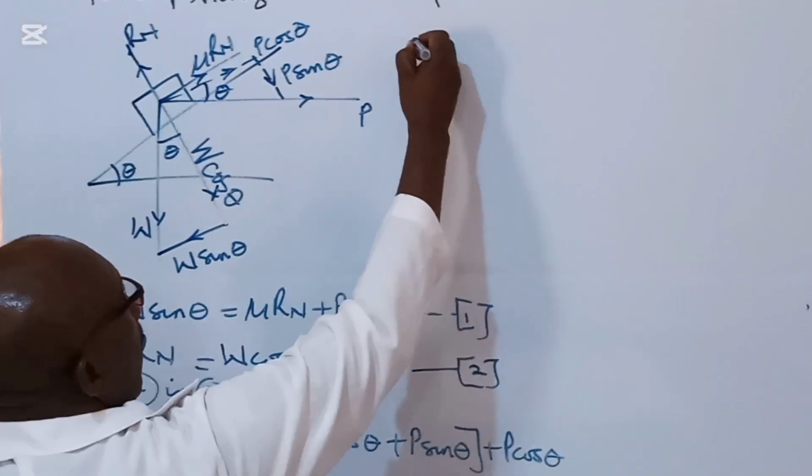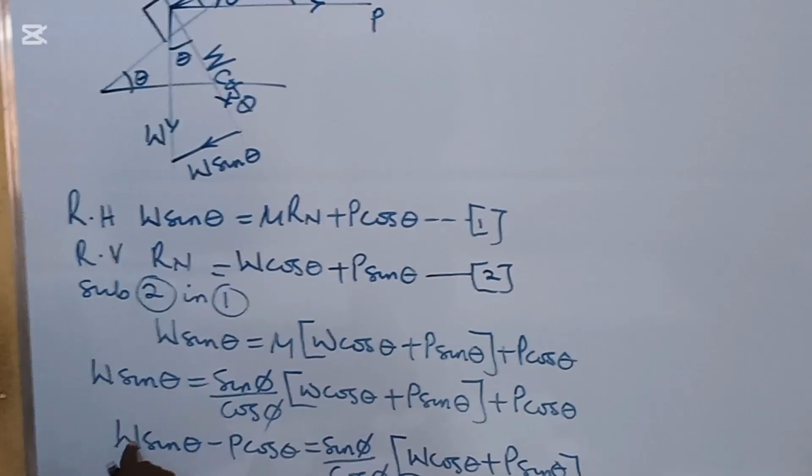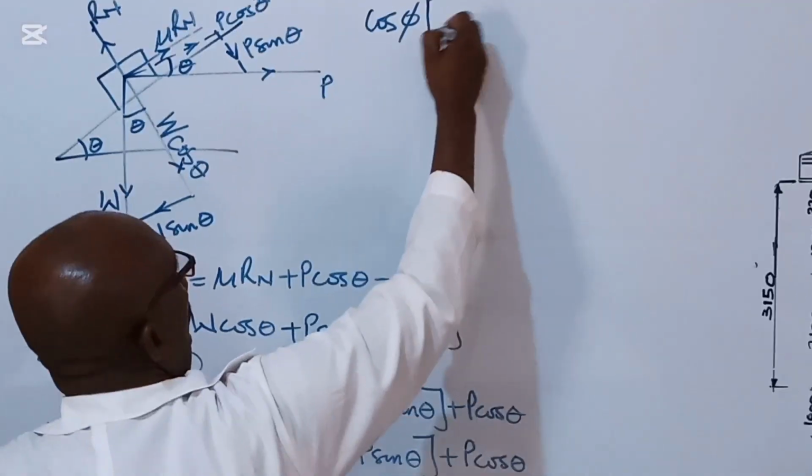Now cos phi, that is, we cross multiply this. We open a bracket. Are we there?